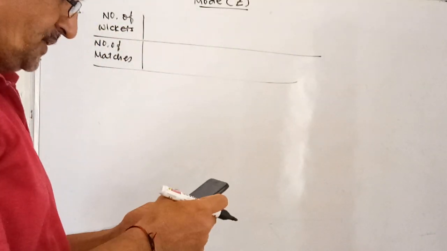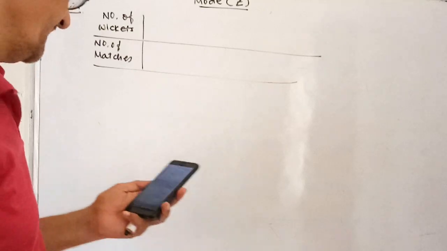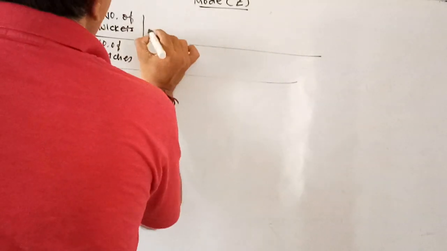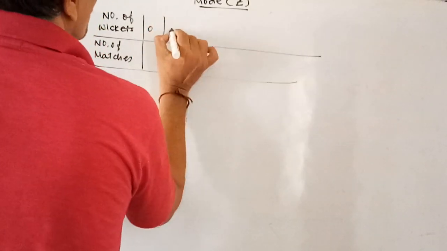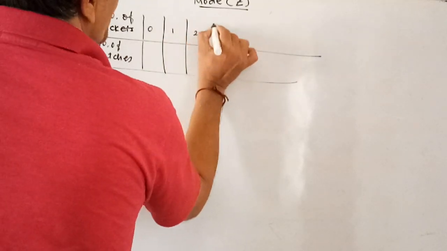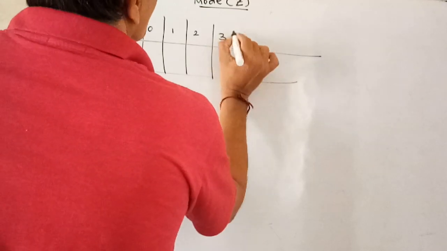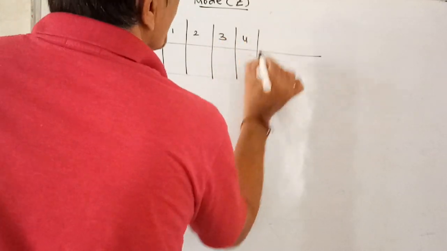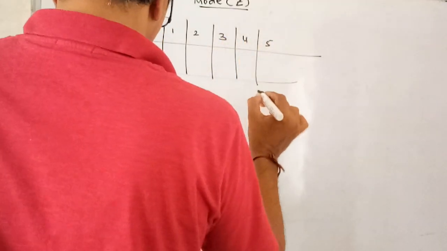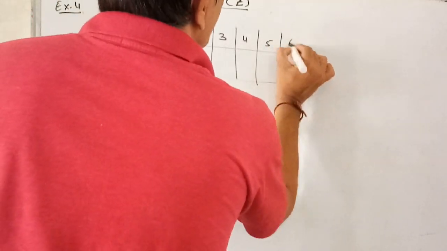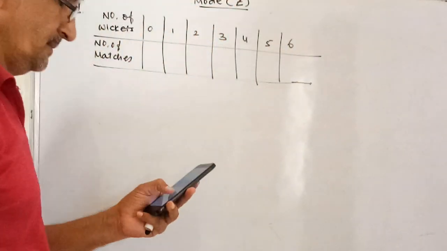Okay, so for that we can say that the data is given in our textbook: 0 wicket, 1 wicket, 2 wicket, 3 wicket, 4 wicket, 5 wicket and 6 wicket. Okay, in how many matches?